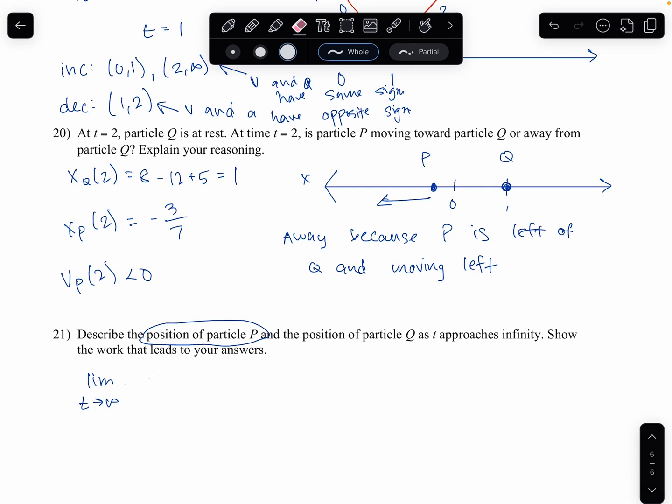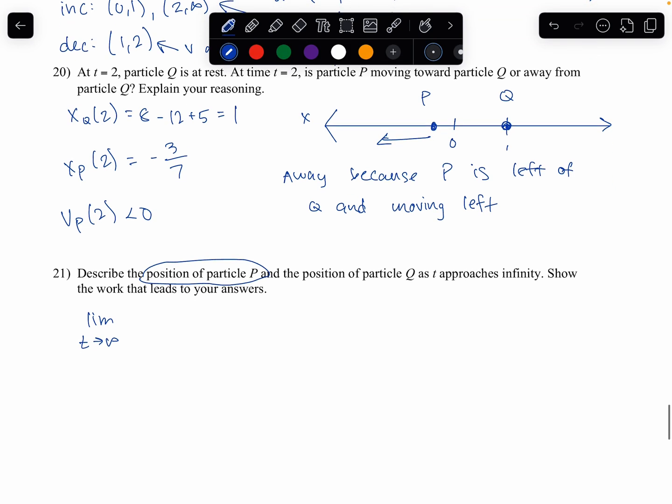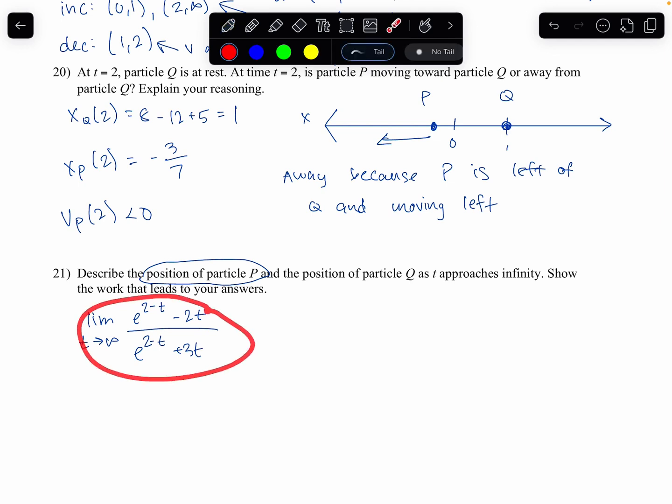So we're going to do the limit as t approaches infinity of e to the 2 minus t minus 2t over e to the 2 minus t plus 3t. As time increases to infinity, what's happening with the position of particle P? Where is it going?